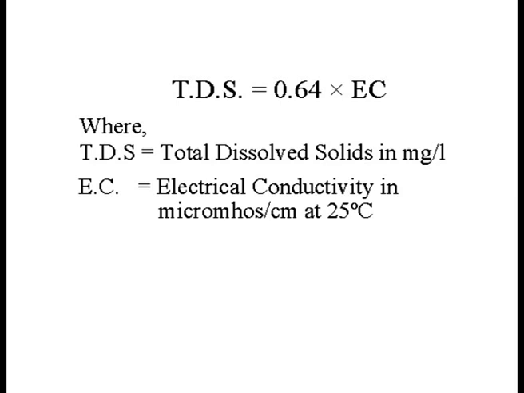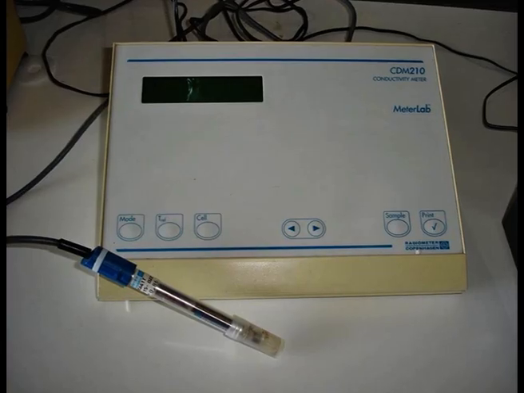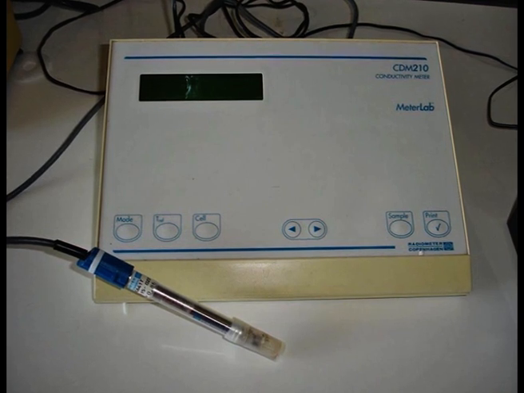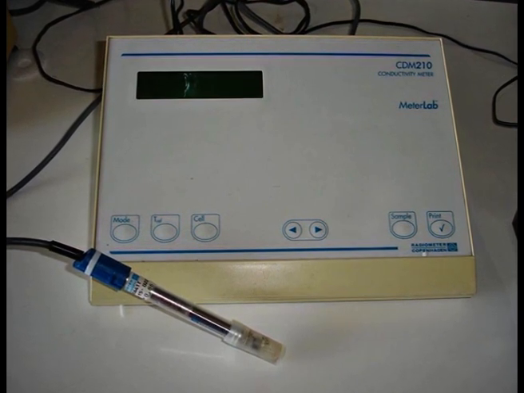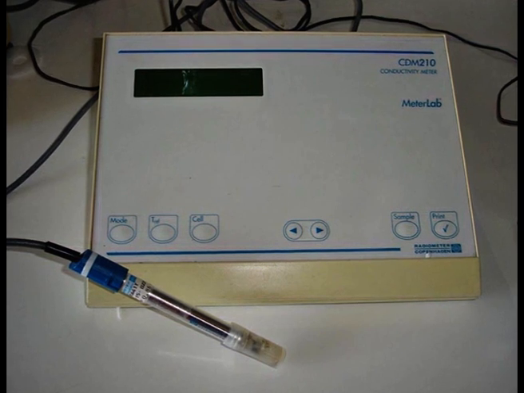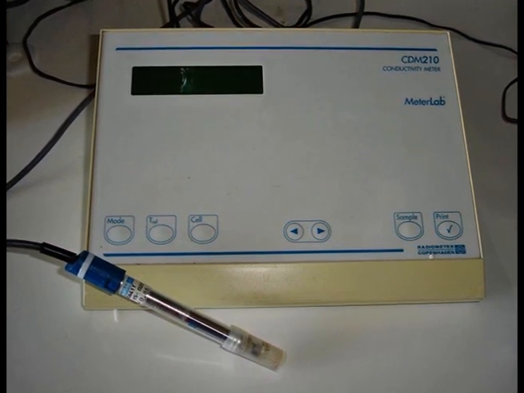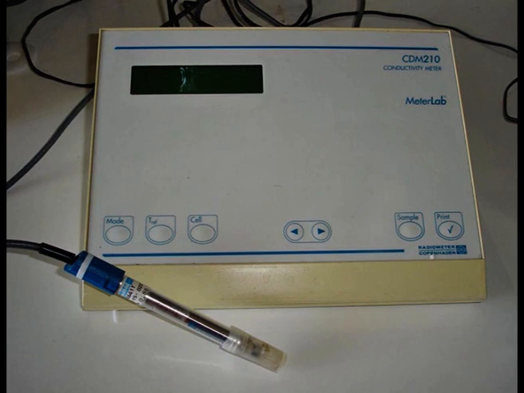So, this is important, means we determine the electrical conductivity, indirectly we are determining the total dissolved solids, and indirectly we are determining the salinity of the water. There is an instrument by which conductivity is determined, known as the conductivity meter. For example, 1 milligram per liter equals 1.56 microsiemens per centimeter. This is the relationship between the unit of the results of the chemical analysis and the electrical conductivity.